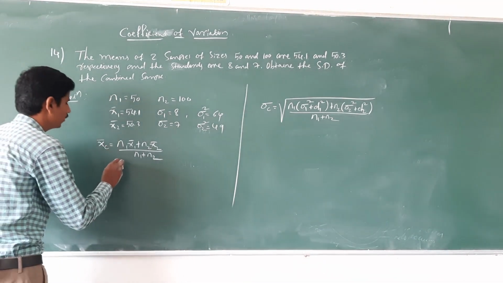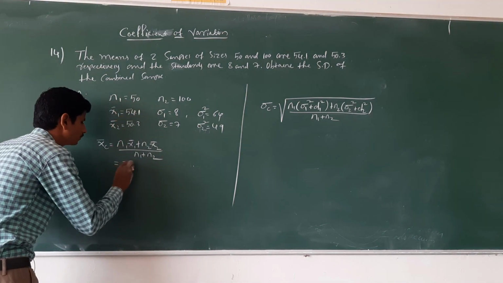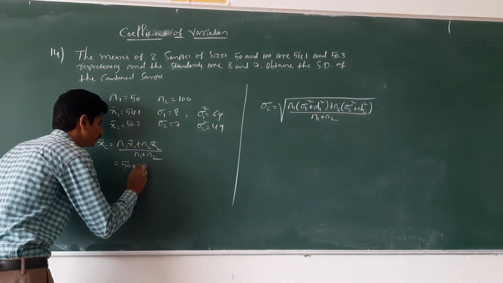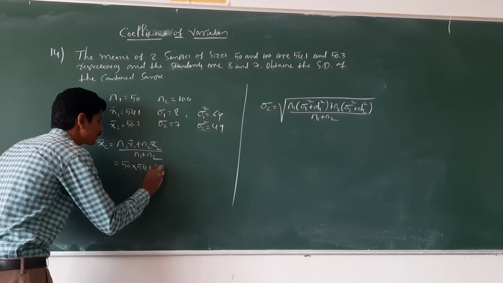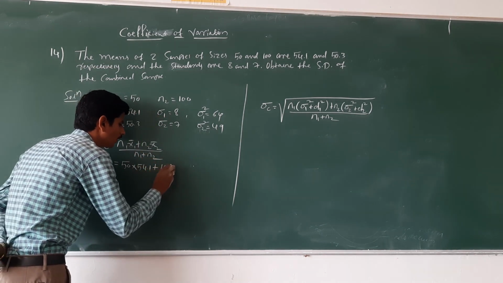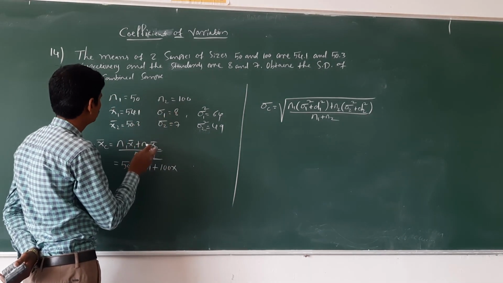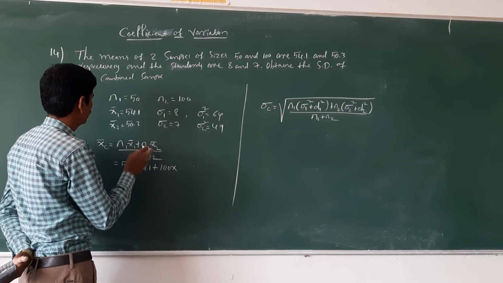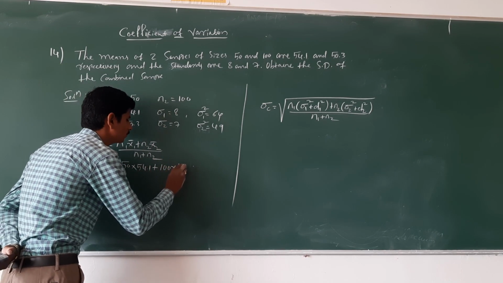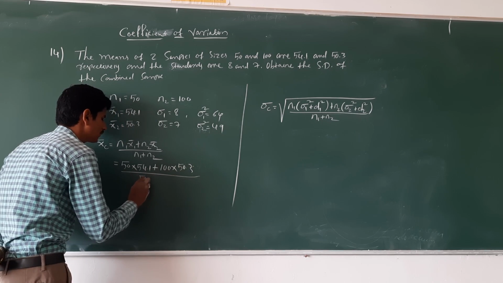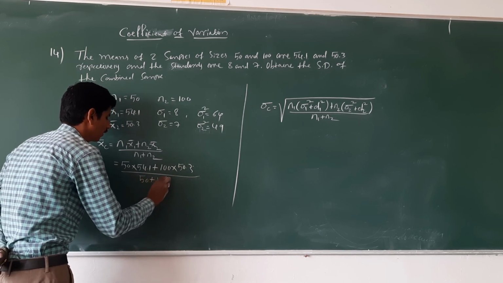Then substitute the values. N1 value is 50 into x1 bar value is 54.1 plus n2 value is 100 into x2 bar is 50.3, divided by 50 plus 100.